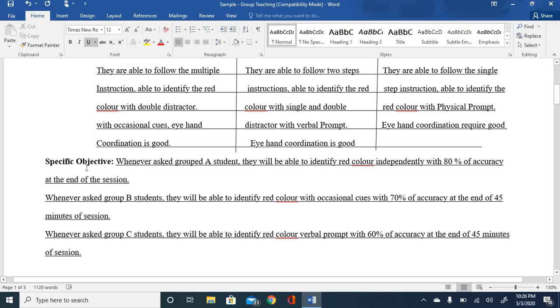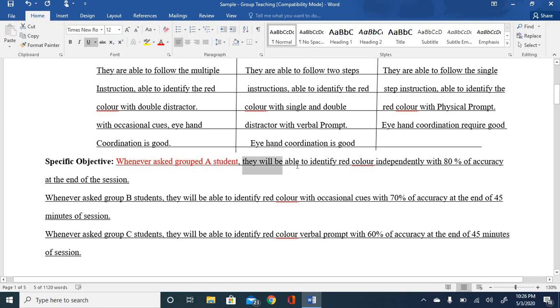Now, to write a specific objective, you have to remember five components which we have already discussed in two classes. Let us say, whenever asked a group A student, "whenever asked" is your condition. That means whenever I am asking the student, they will be able to, this is my condition.